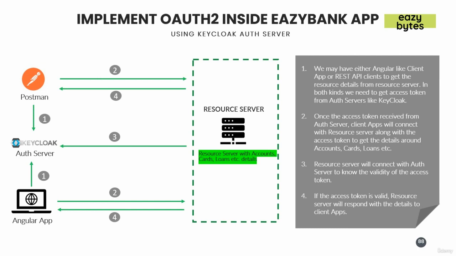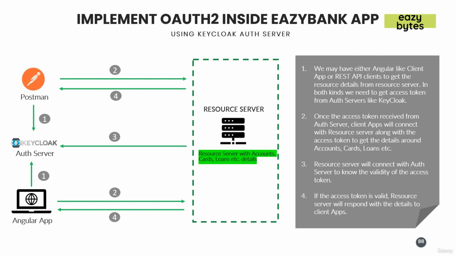The same kind of flow will also happen if you try to consume the APIs exposed by the resource server through the Postman application or any other backend application. Regardless of what application is trying to connect with the resource server, they have to follow these four steps. The very first one is to connect to the KeyCloak auth server to get an access token.